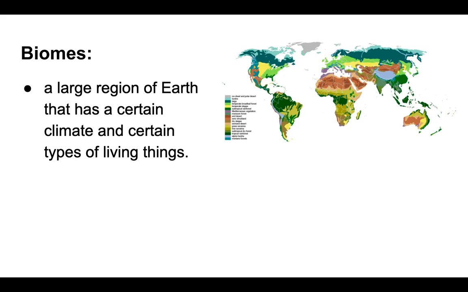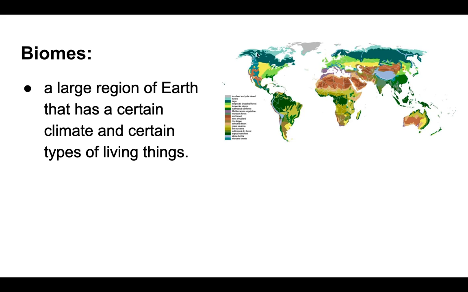Okay, so biomes. What are biomes? Biomes are large regions of Earth that have certain climates, and they have certain types of living things in those particular regions. If you take a look at the map, you'll notice we've got different colors or ranges located throughout Earth. Those colors correspond to the type of habitat or landscape you're going to find there.